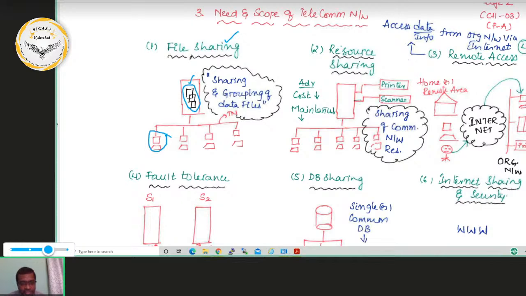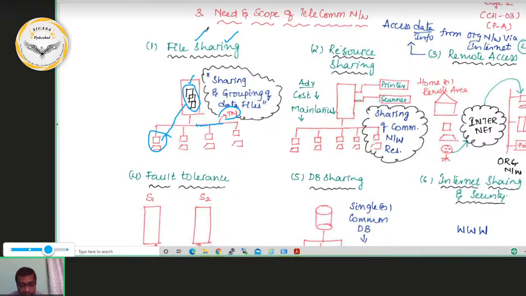How is the server sharing this file to the client? Using telecommunication networks. These lines which you see are nothing but a telecommunication network. Using this network, the files will be shared from server to client. That is called file sharing.